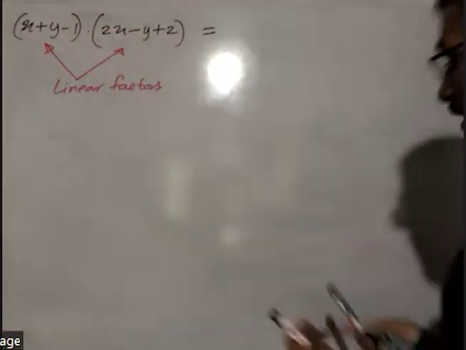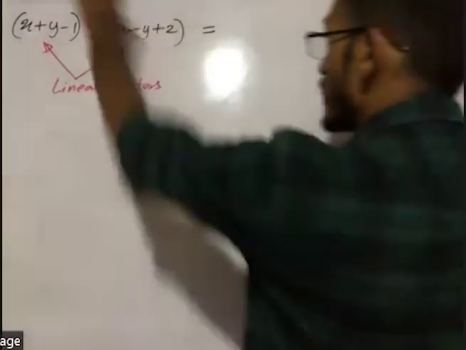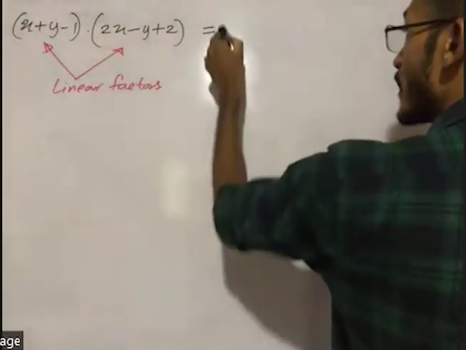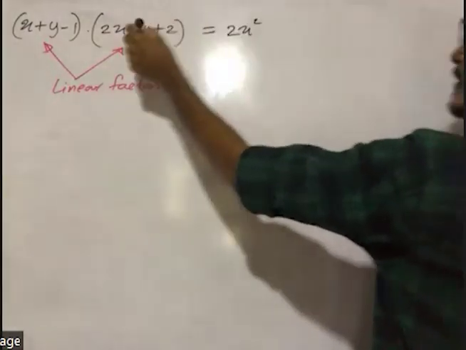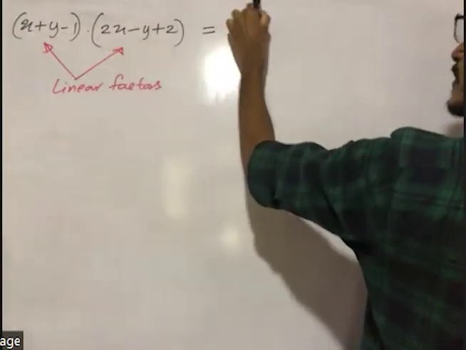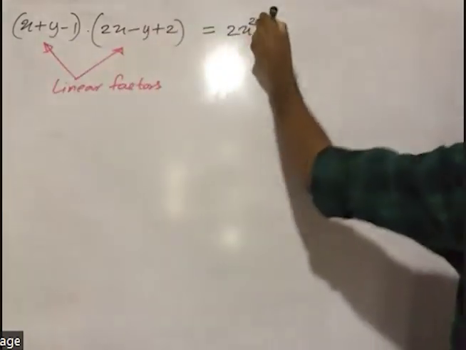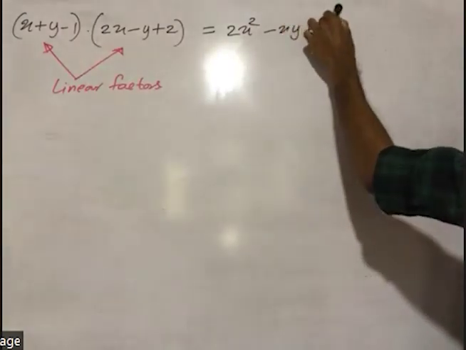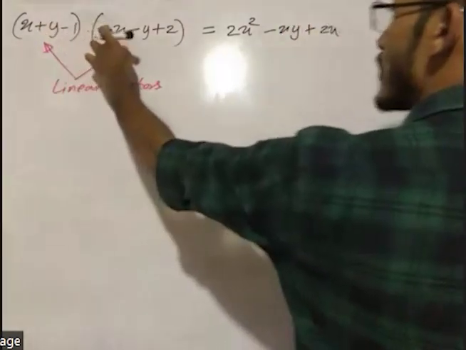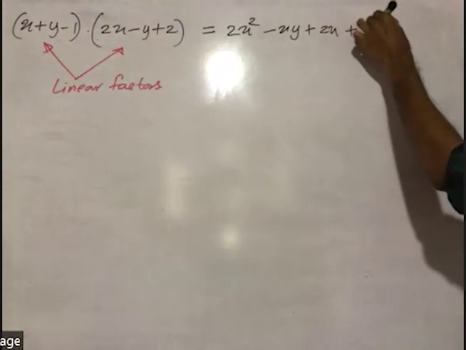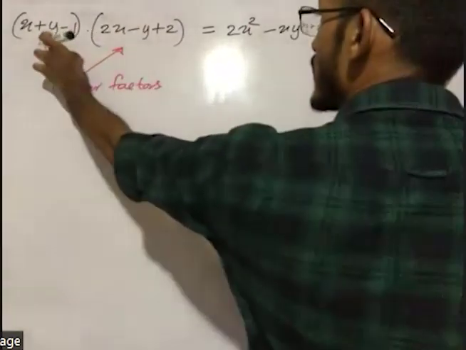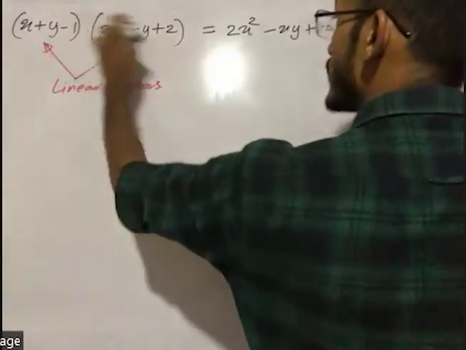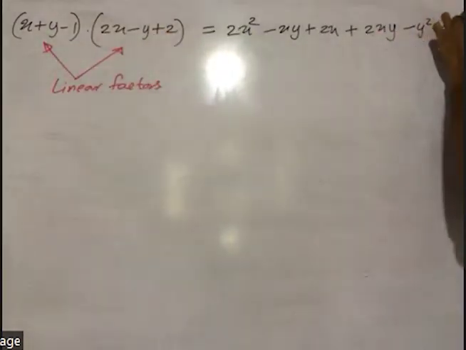Now, if you multiply these two linear factors, you will get a result. x into 2x gives 2x square. x into minus y gives minus xy, x into plus 2 gives plus 2x. y into 2x gives plus 2xy, y into minus y gives minus y square, y into plus 2 gives plus 2y.